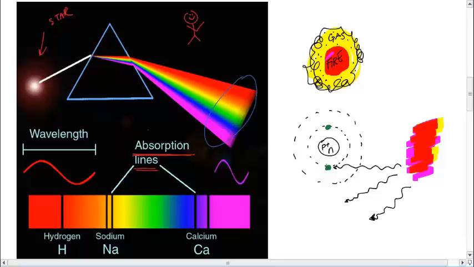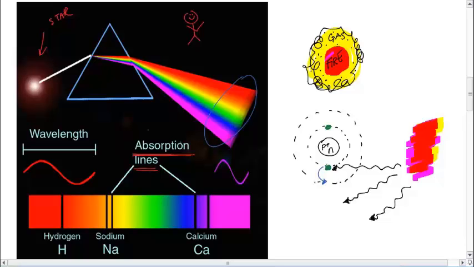Now, you've seen this in different examples before, especially with the photoelectric effect and film photography. These electrons can absorb energy. And what happens when they absorb energy is that they jump up an energy level. But here's the big thing. They can't just absorb any amount of energy.